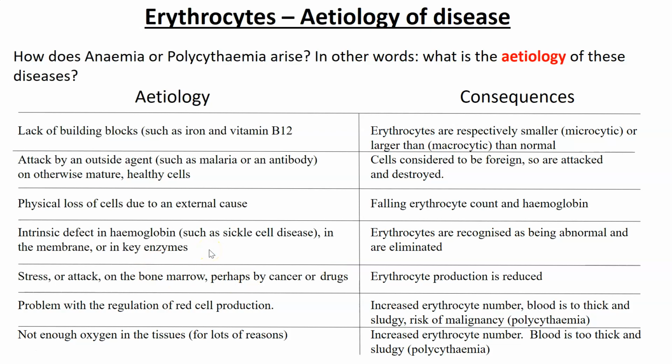There is a whole process of maturing red blood cells to make sure they all work properly, and if they don't, they're a target for your immune system to eliminate them.